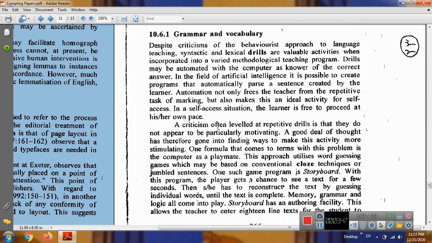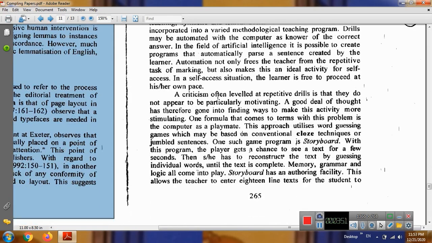In a self-access situation, the learner is free to proceed at his or her own pace. A criticism often leveled at repetitive drills is that they do not appear to be particularly motivating. A good deal of thought has therefore gone into finding ways to make this activity more stimulating.